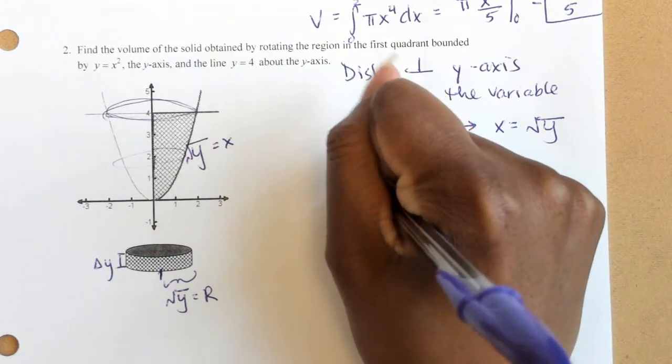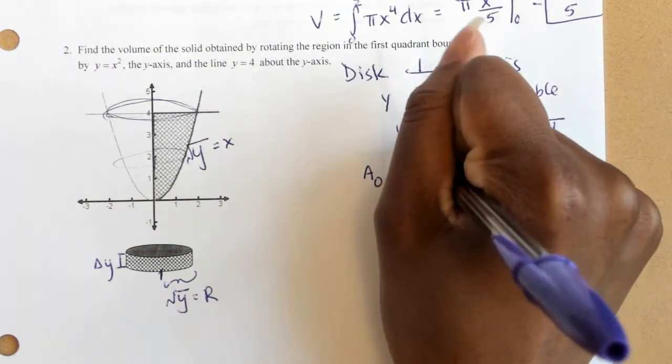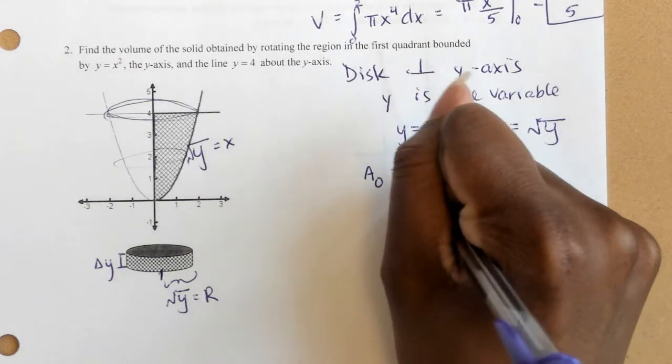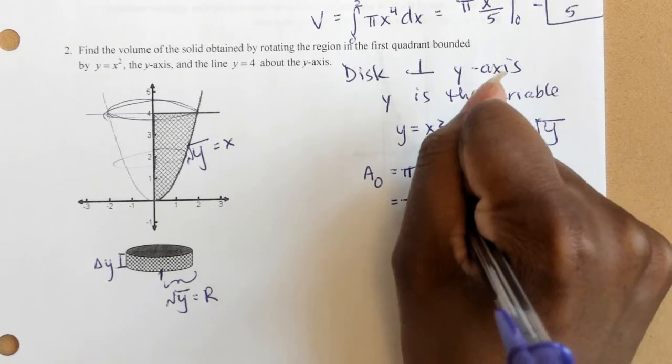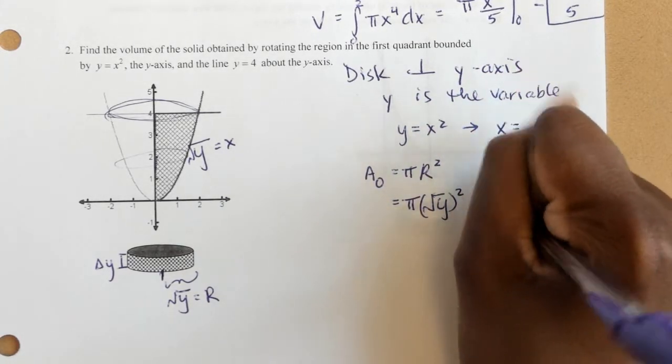So my area for my disk is going to be equal to pi big R squared, which is equal to pi square root of y squared, which is just pi y.